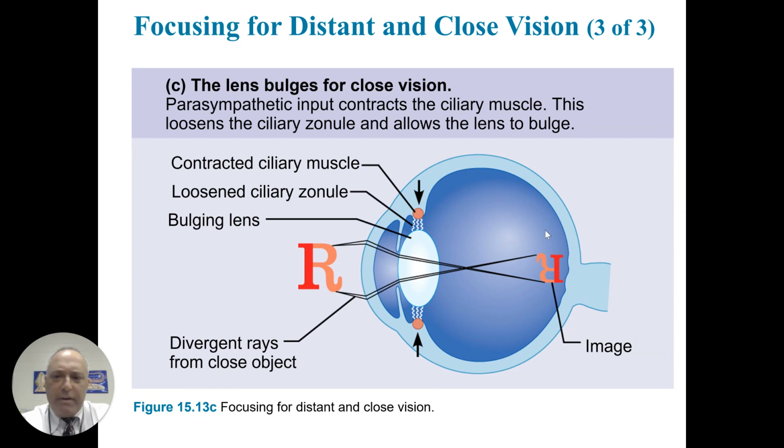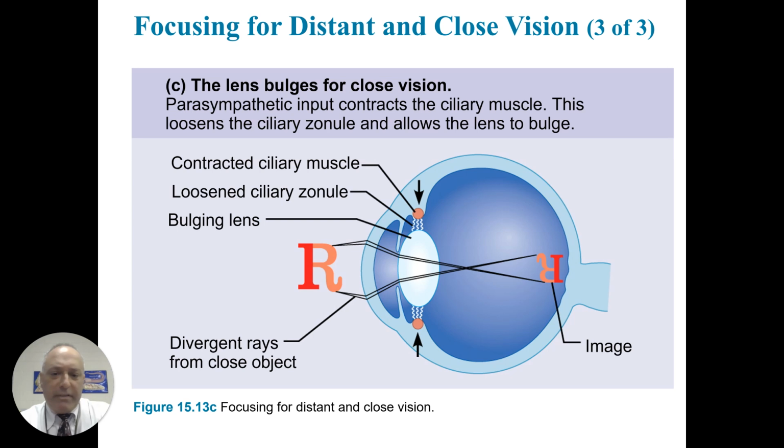For close vision, the ciliary muscle contracts, which loosens the ciliary zonule, letting the lens naturally do its bulging. This would be like the natural lens shape would be bulged. So with the relaxed eye, you can read up close.